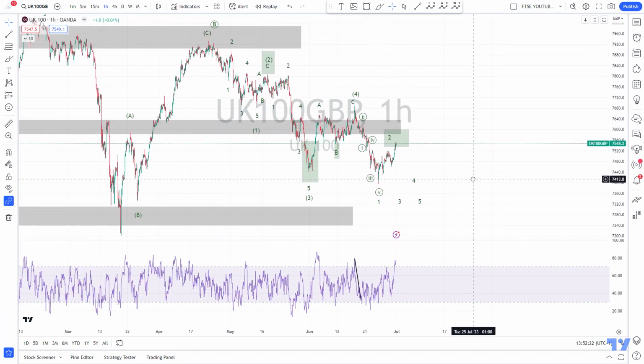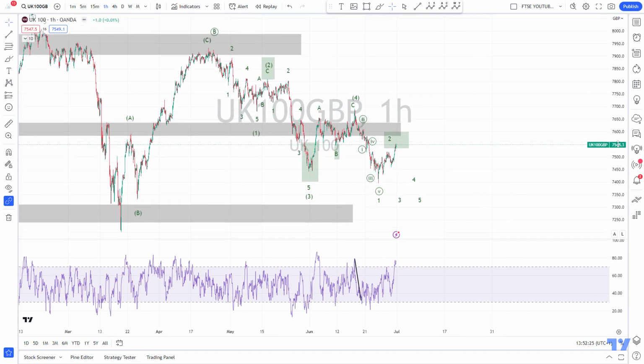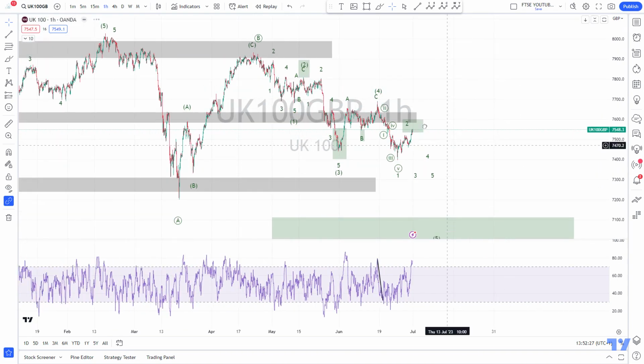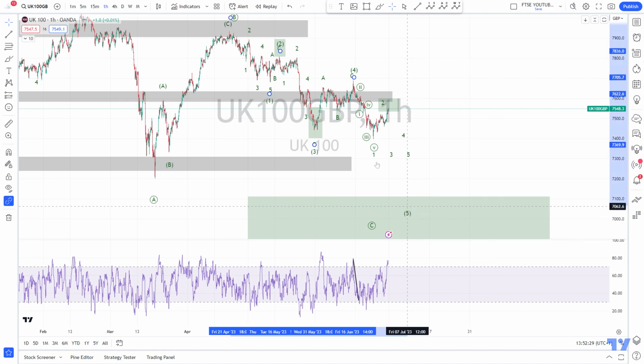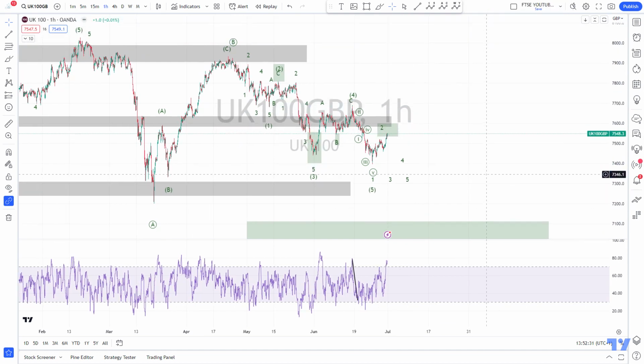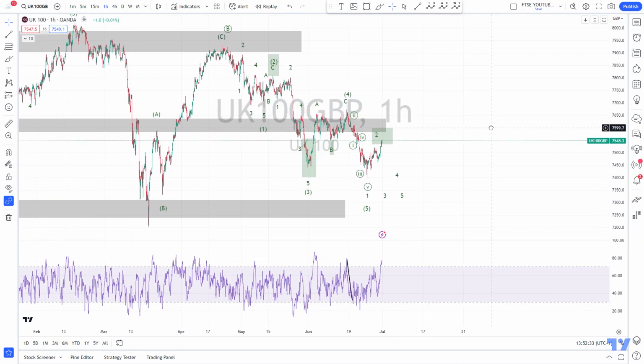An alternative scenario is, of course, that we already have 5 waves down from here: 1, 2, 3, 4, 5, and that we will now do a bigger ABC correction to the upside.